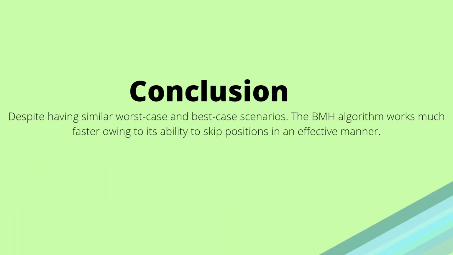Now, even though the time complexities are similar to the naive algorithm, this algorithm is much better and faster since it can skip a number of steps, and especially in situations with a lot of different mismatches, it will be more efficient as we are skipping a lot of positions and hence we can find the result faster.